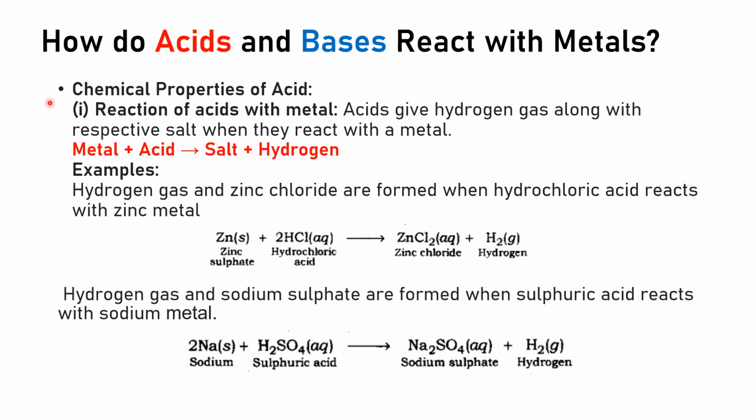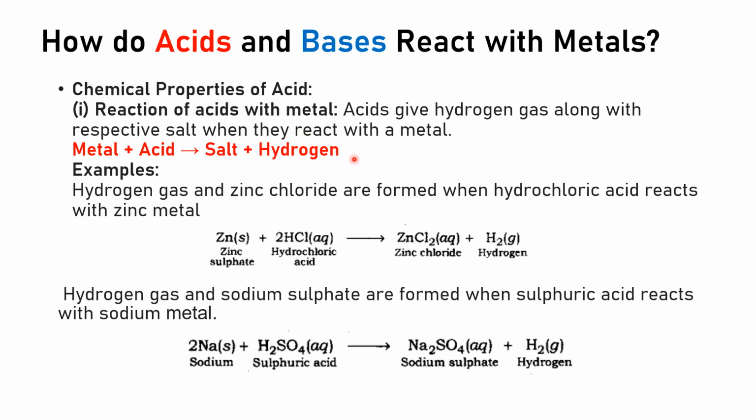So I have taken the first reaction, chemical properties of acids. This is very important. When acids react with metal, you get salt, and hydrogen gas is liberated. Hydrogen gas is evolved.